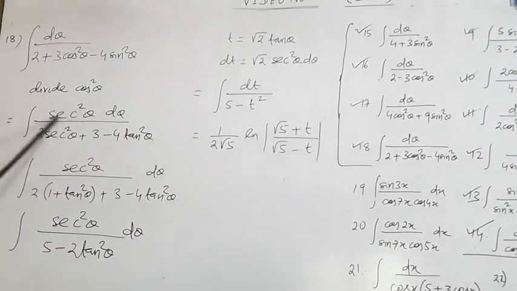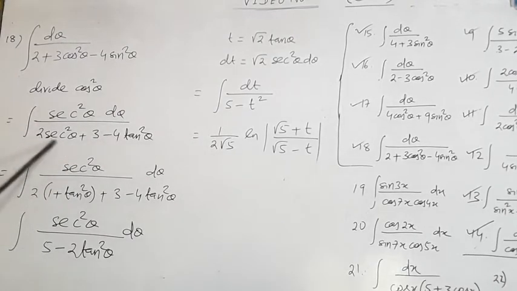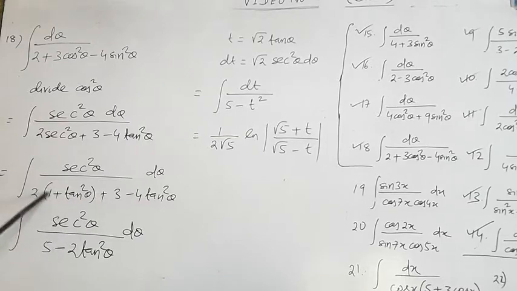As there is sec square theta, you have to convert everything to tan form. So convert: 1 plus tan square theta, plus 3 minus 4 tan square theta. It is sec square theta by 2 plus 3, that is 5 plus 2 tan square theta minus 4 tan square theta, that is minus 2 tan square theta.